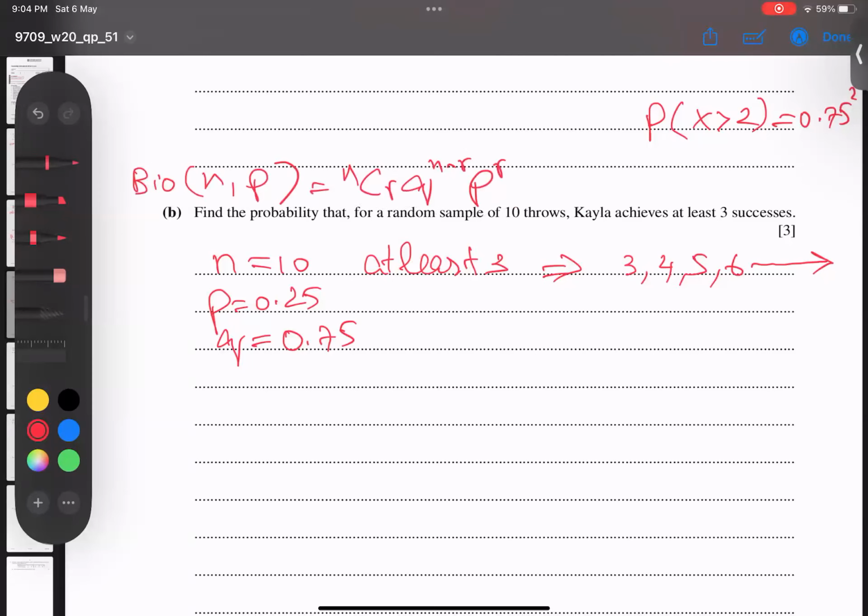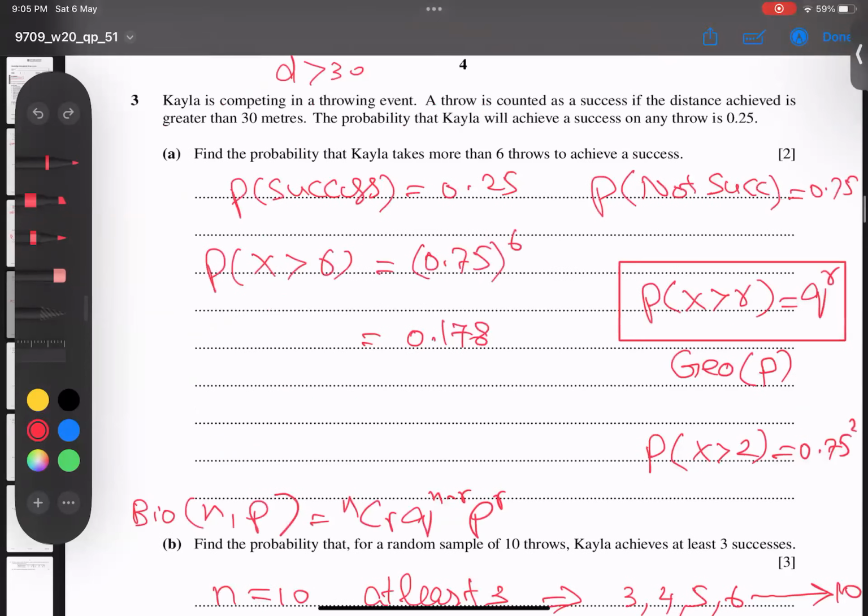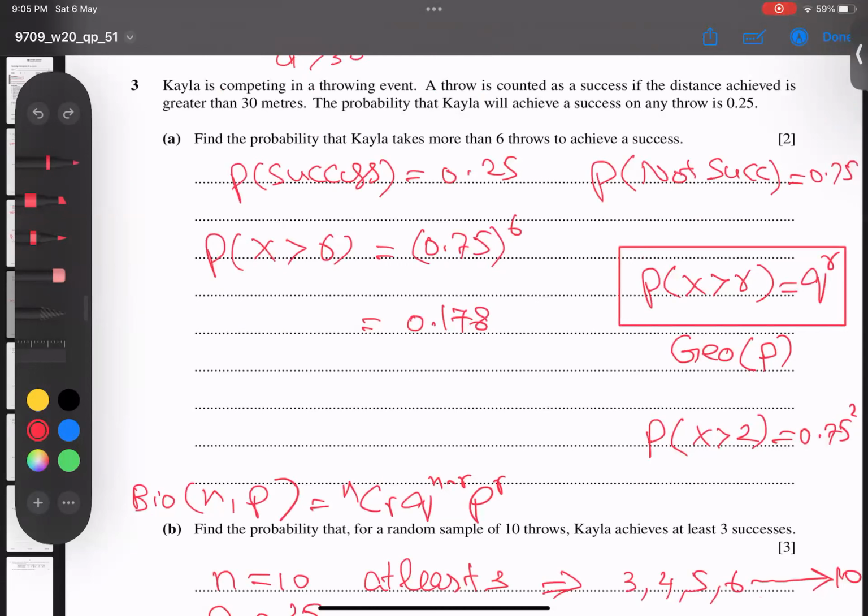But the thing is, what is n? n is the total sample. But the thing is that we can't find this: 3, 4, 5, 6, 7 till 10. Let me tell you one thing. Some students think we can't apply it here because it is unlimited, more than 6 throws, with infinite throws.